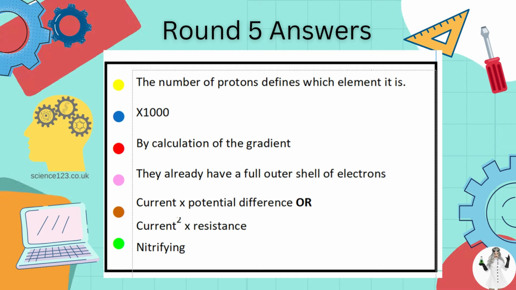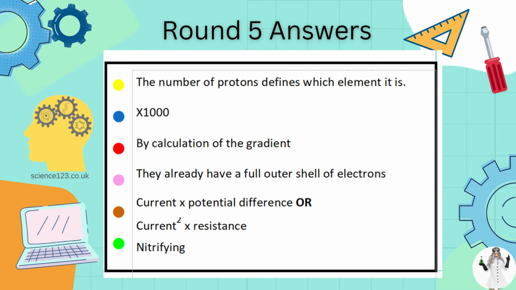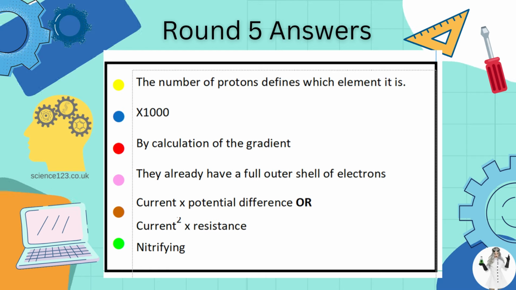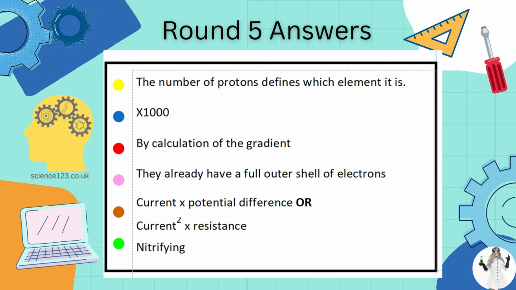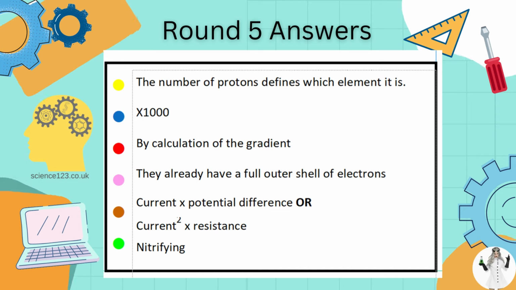Noble gases are chemically inert as they have a full outer shell of electrons. Electrical power is calculated by current times potential difference, or current squared times resistance. The bacteria that convert nitrites into nitrates are known as nitrifying.